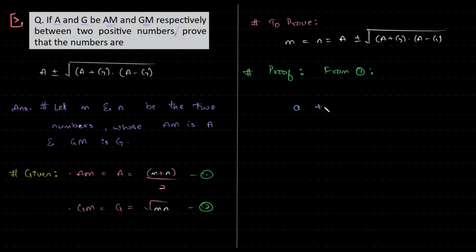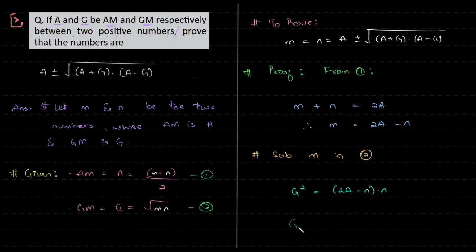So we have M plus N is equal to 2A. So I'm going to substitute M as 2A minus N. Substitute M in 2. So what will happen? G square is equal to (2A minus N) into N. The next set of steps you can skip.